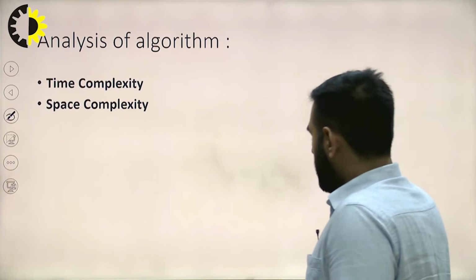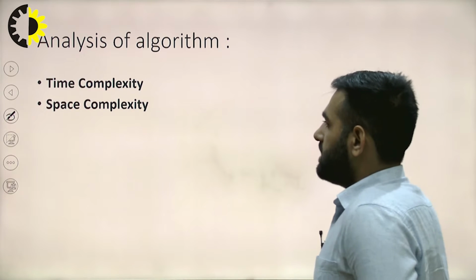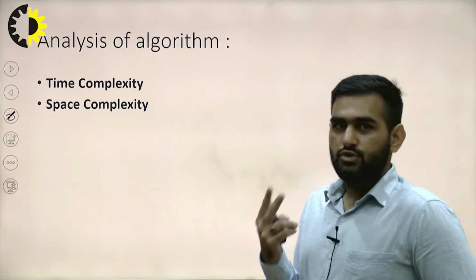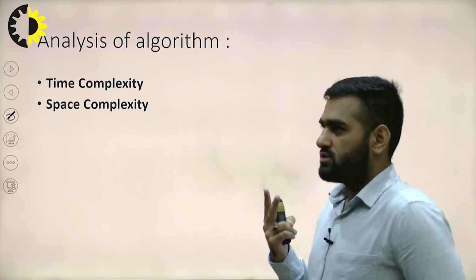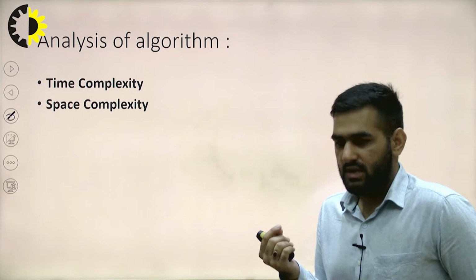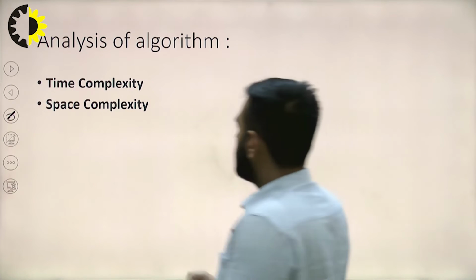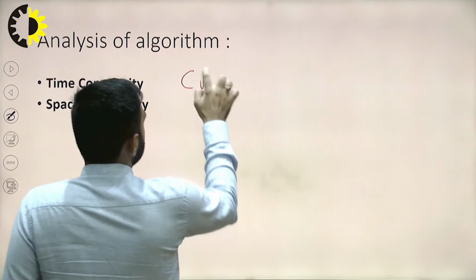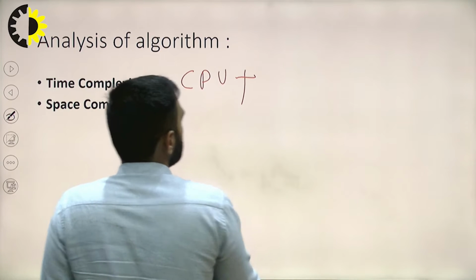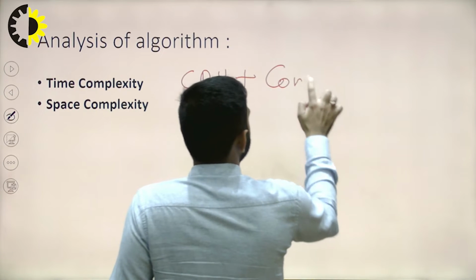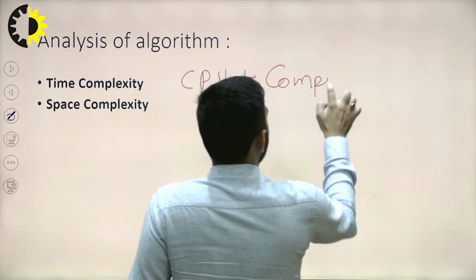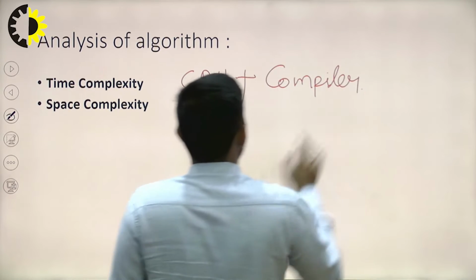Now, analysis of algorithm. We can analyze an algorithm on the basis of two things: time and space. Time is further divided into two parts: CPU time plus compile time.